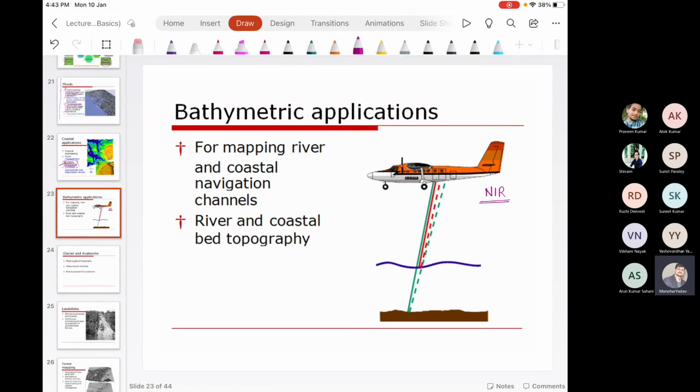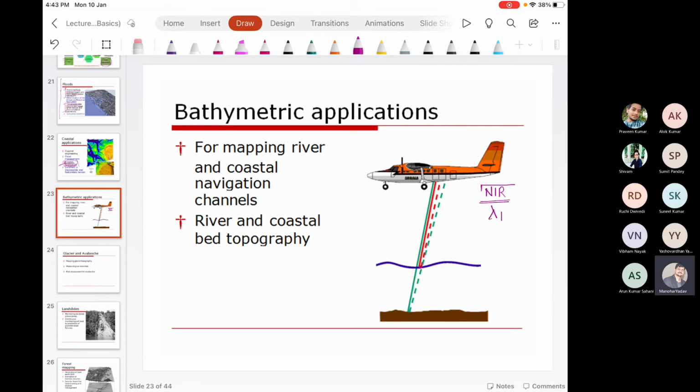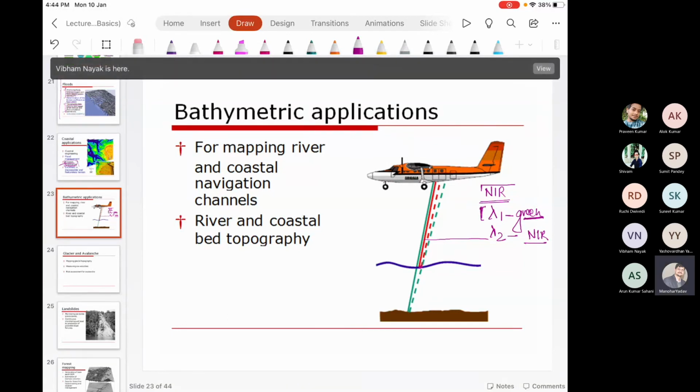So for water body related applications, for bathymetric applications, we generate a laser beam at two different wavelengths, lambda 1 and lambda 2. So lambda 1 is the lower wavelength, it's a green laser. While lambda 2 is selected in NIR, which is shown over here in red color. So the green laser is generated in the visible spectrum, and though it is not eye safe, we are using it for water related applications.